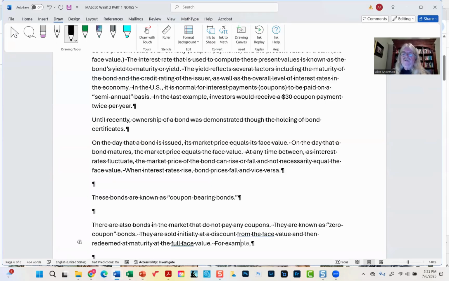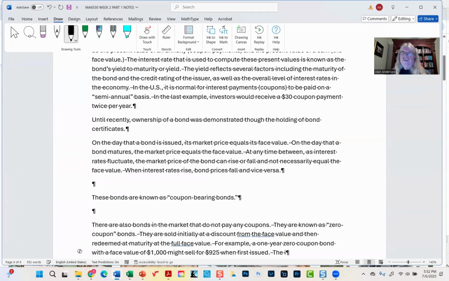For example, a 1-year zero coupon bond with a face value of $1,000 might sell for, let's say, $925 when first issued.